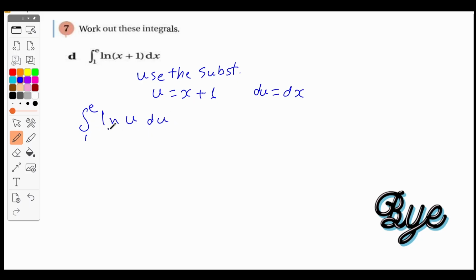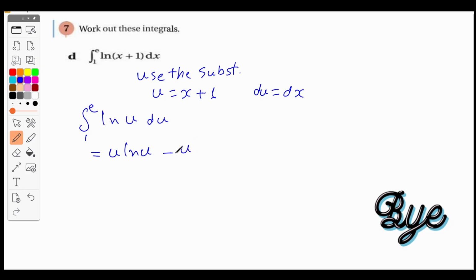As we have studied before, the integral of ln x, do you remember that? The previous one, x ln x minus x. So the integral of this will be u ln u minus u.